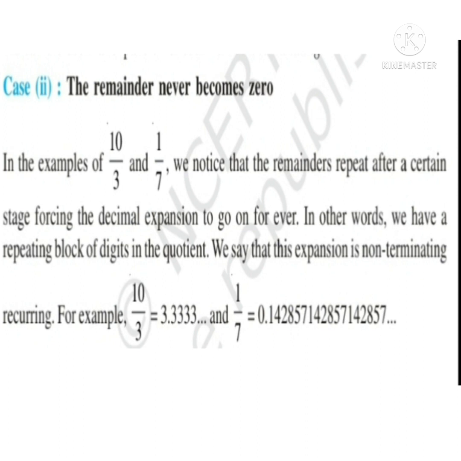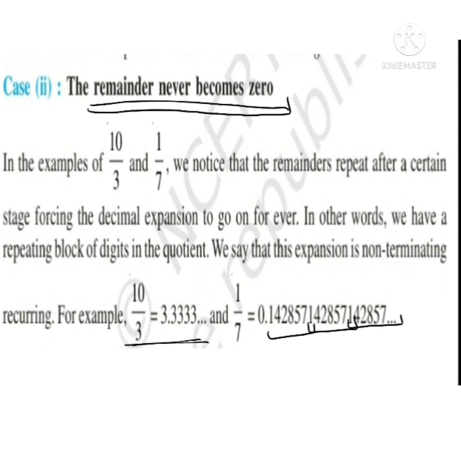Second case, when the remainder never becomes 0. For example, in 10 by 3 we can see that the repeating digit is 3, 3, 3, 3, 3, 3, but the remainder never becomes 0. In 1 by 7, the digits of the expansion repeat themselves after some time.